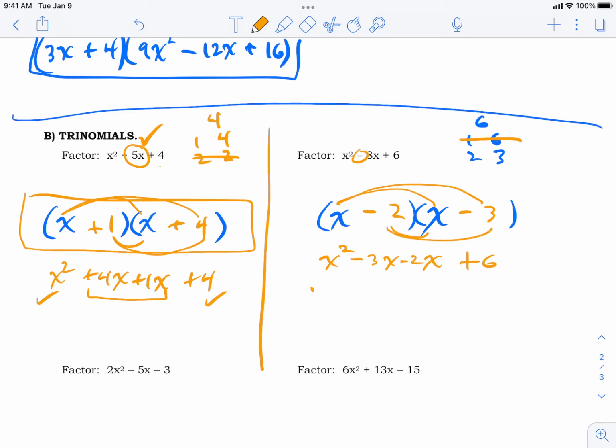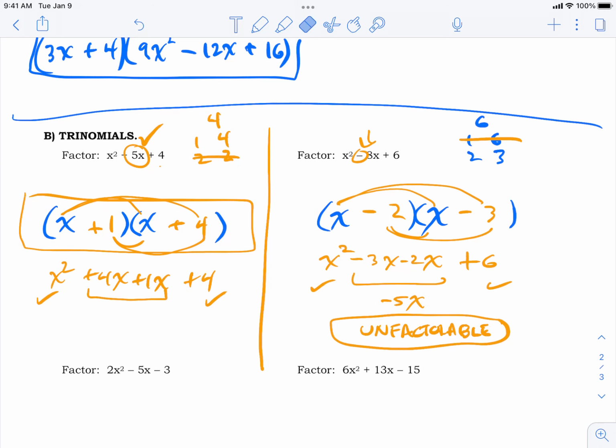I was actually expecting this to work, and guess what? It's not working, because that's a minus 5x and that's a minus 8x. This isn't going to work. Unfactorable. So sometimes you get an unfactorable result. You might as well get used to that right now.